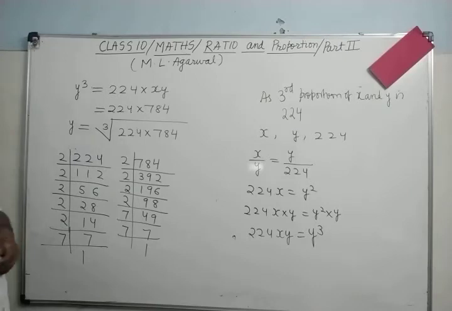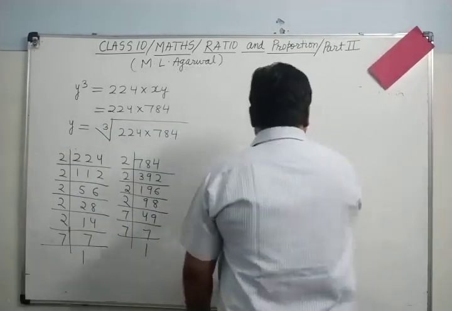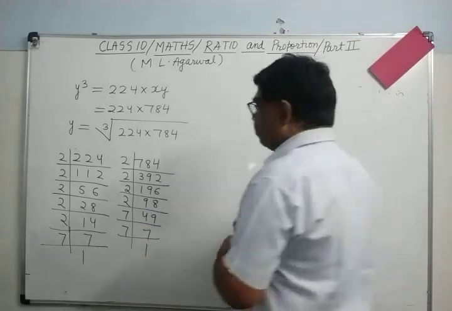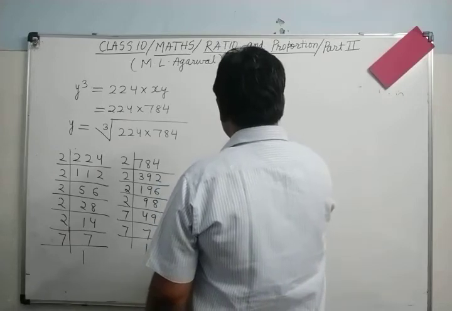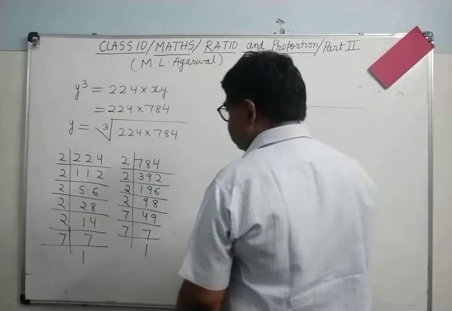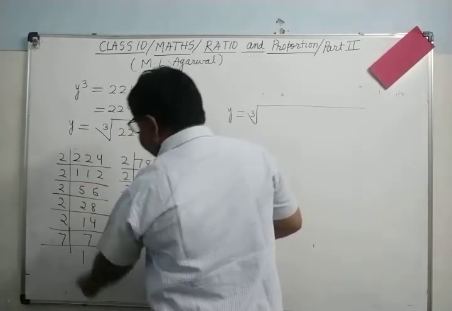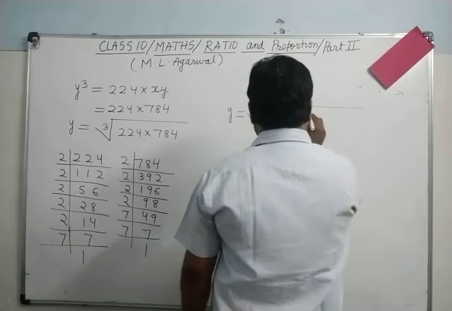In cube root we make groups of 3 same numbers. So y equals cube root. Here 2 to the power 5 into 7 to the power 1.